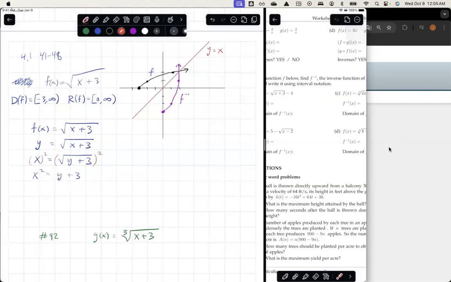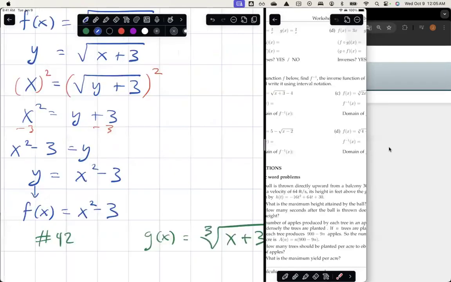And then subtract 3 on both sides. Gives us x squared minus 3 equals y. Or y equals x squared minus 3. Once you've solved for y, this is now the inverse function. So the last step is to replace y, and in its place, we don't put f of x, because this is not the original function anymore.